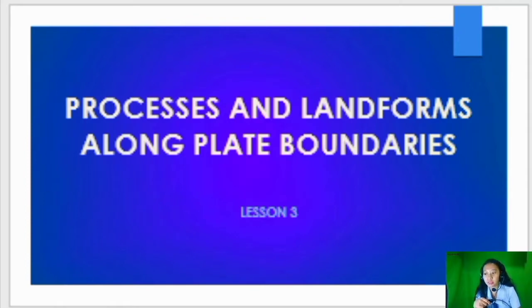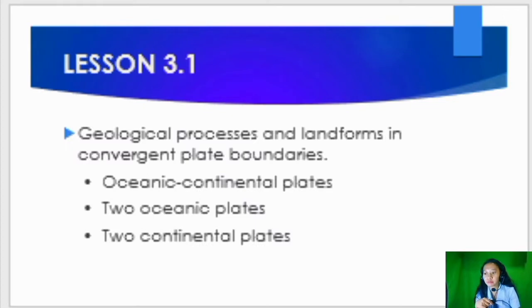In this topic, we have three lessons that we'll be covering. The first one is lesson 3.1, in which we will identify the geological processes and landforms, how and why they take place, and the different types of convergent plate boundaries.